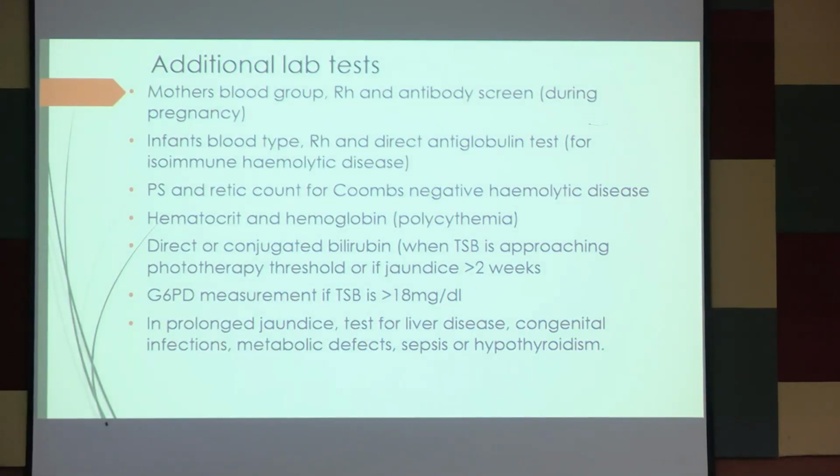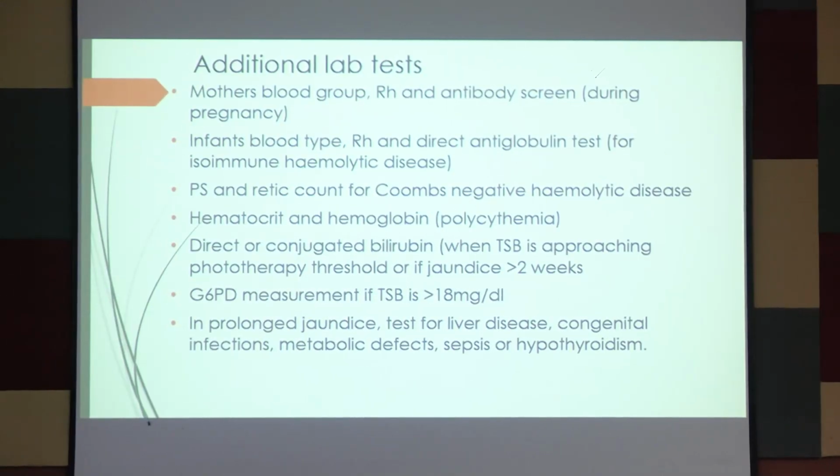What are the additional lab tests to be done? Because there are several causes for pathological jaundice, already discussed. Now, first, for ABO incompatibility, mother's blood group, Rh and antibody screen, and infant's blood type, Rh and direct antiglobulin test, for ABO and Rh incompatibility.